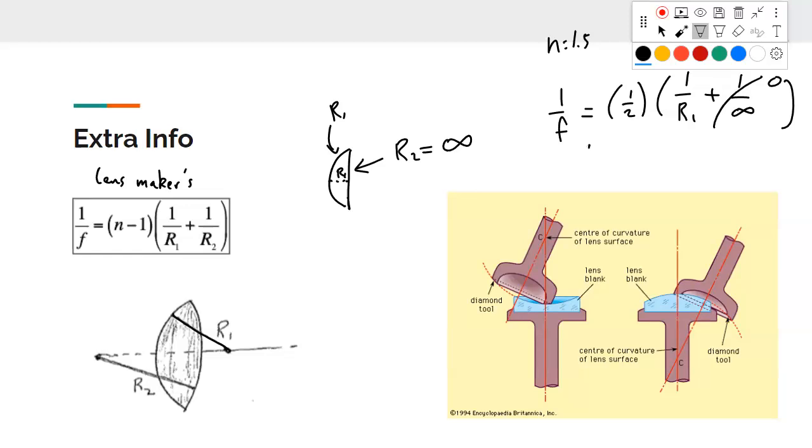And so we just have 1/f equals 1/(2R1), and we can cross multiply and find that f is 2R1. So this is an example of how we would find f for some material. And you can see here I had to use the index of refraction, and I need to know what the radius is on both sides of the lens.